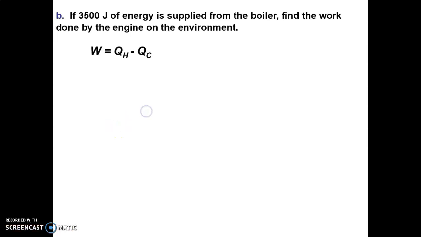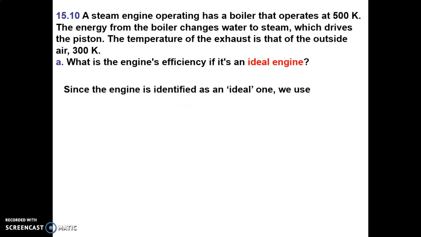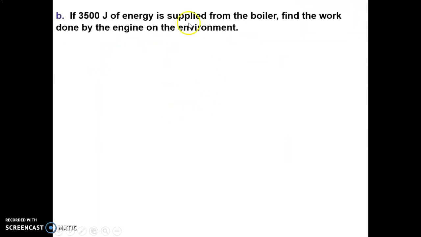All right, first step: work equals Q hot minus Q cold. And so what we're doing here is using the information from the problem that we had just seen. So the hot side was at 500, the cold side was at 300, and I need to put that on the slide.